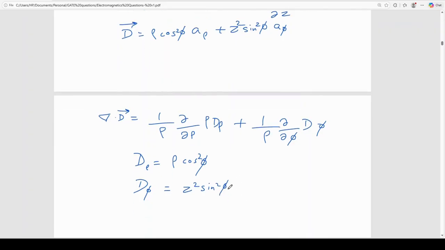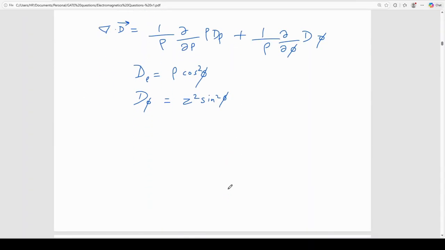Now we find what is del dot D here. Well, this is actually 1 by rho times dou by dou rho of rho squared cos squared phi, I'm substituting for D rho, plus 1 by rho times dou by dou phi of z squared sin squared phi.